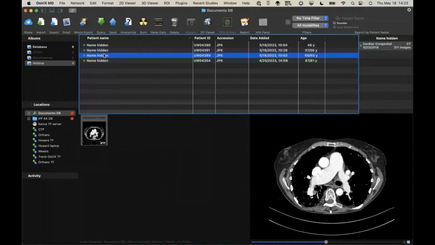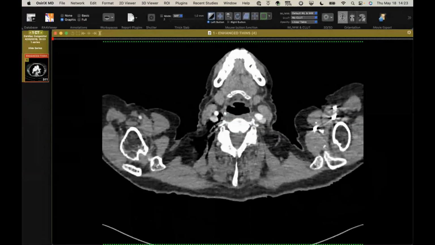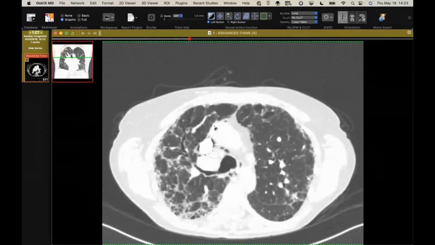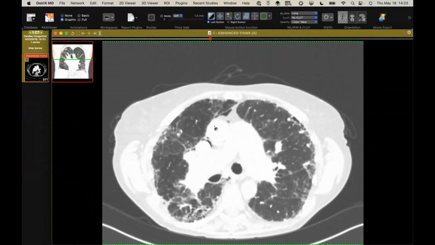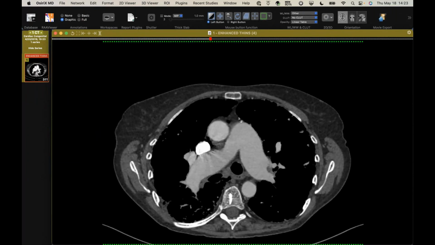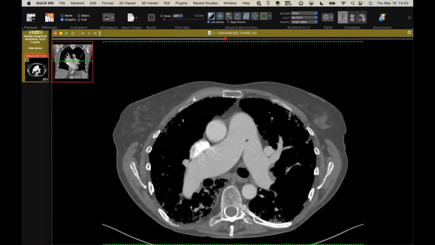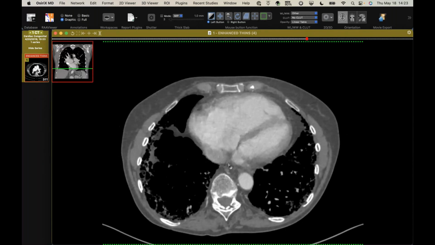So these two cases go together. This is a 65-year-old woman who's got some lung disease, fibrosis, but that's not helping her, but that's not what I'm showing this for. You can see she's got pretty huge pulmonary arteries, and she has a dilated right heart.